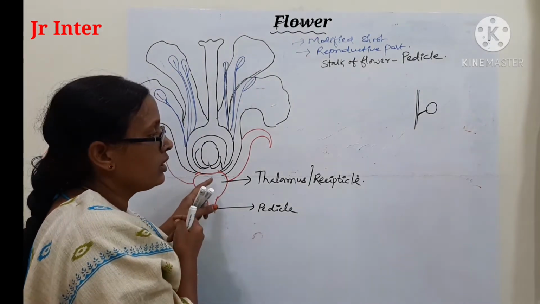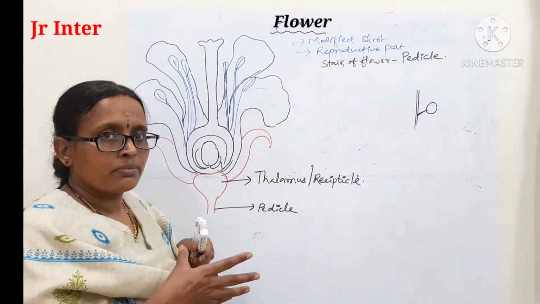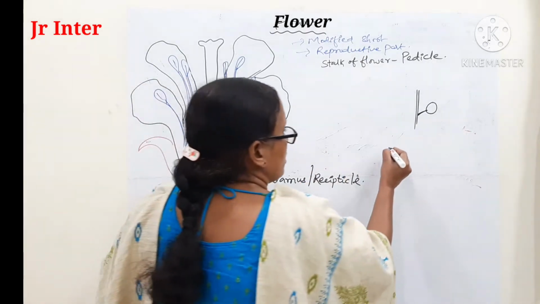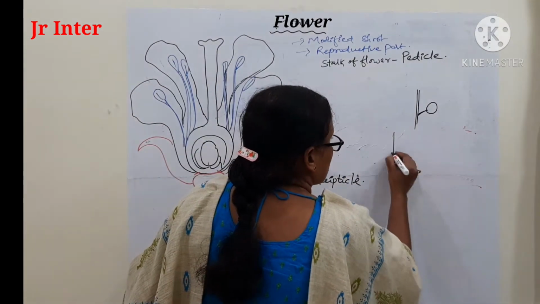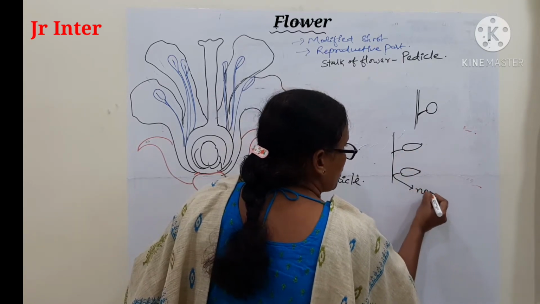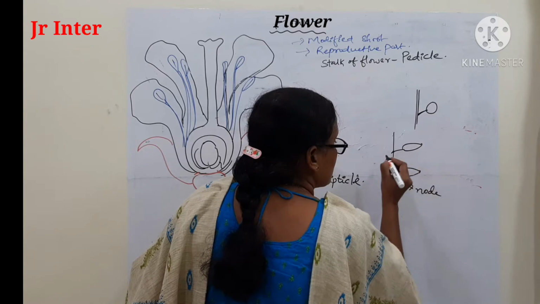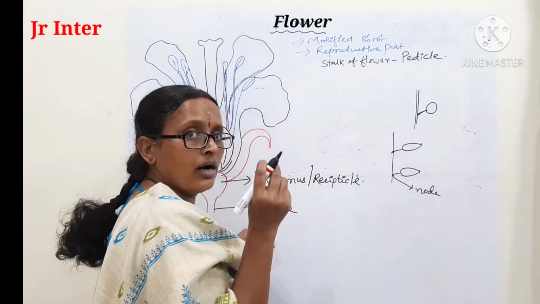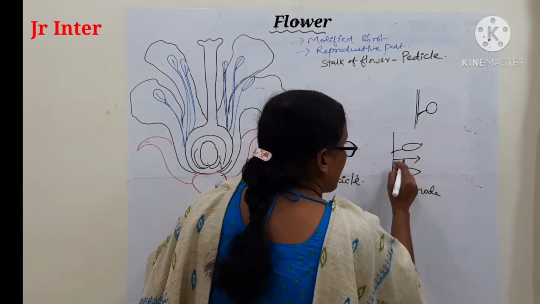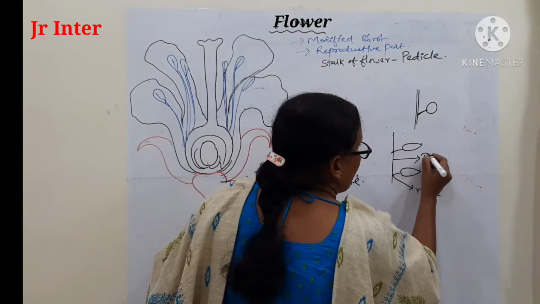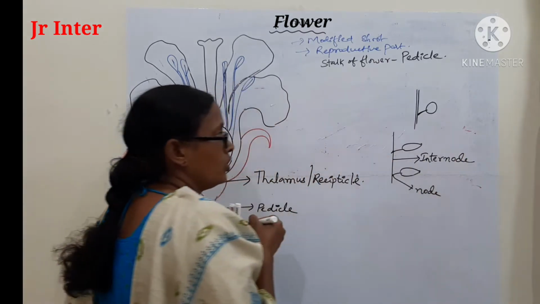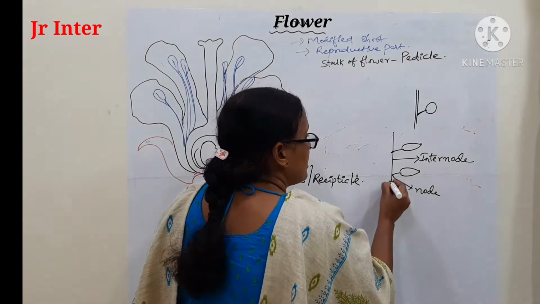Whatever nodes and internodes are present in the stem are also present in the flower. The place on the stem where the leaf arises is called a node, and the gap between two nodes is called an internode.